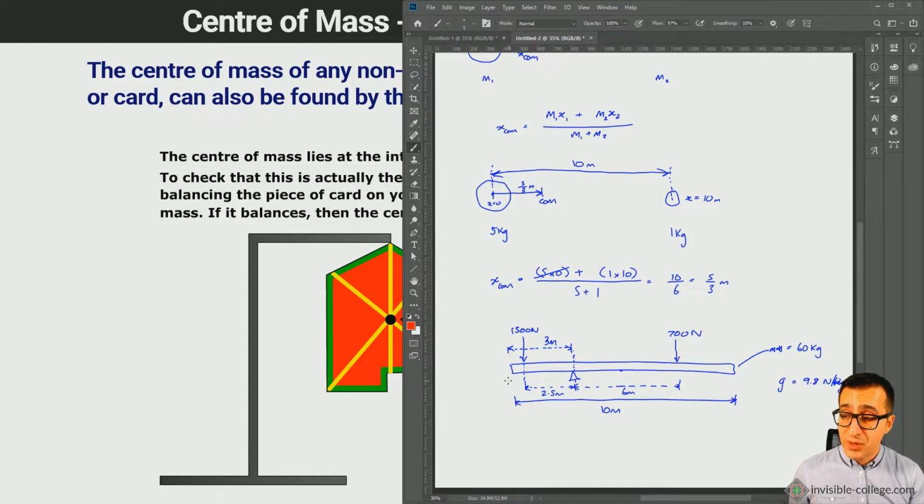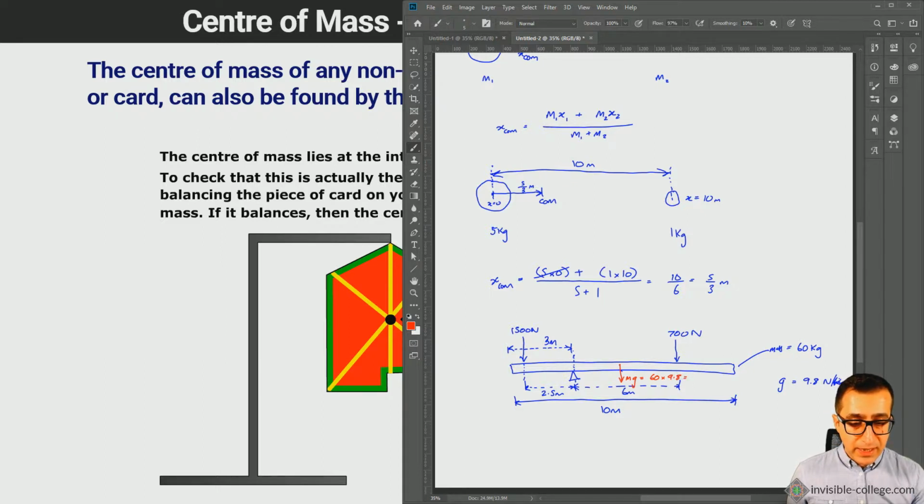Now, the weight of the seesaw is going to act from the center of the seesaw. So if the seesaw is 10 meters in length, it's going to act 5 meters from the edge of the seesaw. So this is the weight of the seesaw acting here. We know that the weight here is going to be the mass of the seesaw, 60 kilograms, acting from the center of mass of the seesaw, multiplied by 9.8. So the weight is equal to m times g, which is 60 kilograms times 9.8.